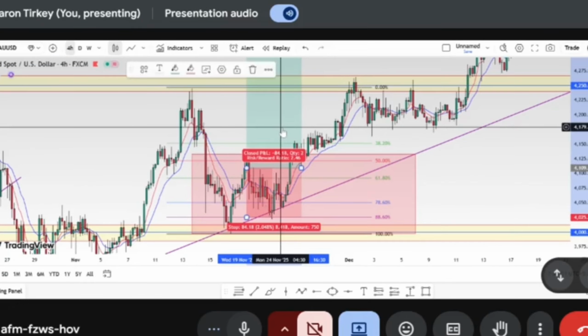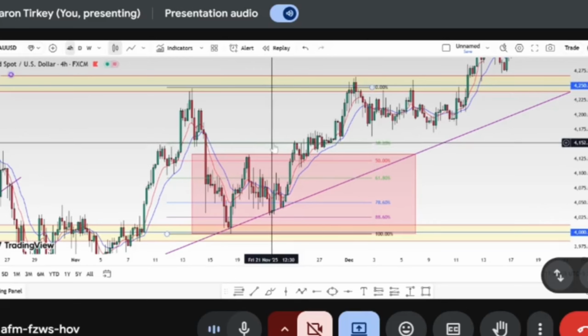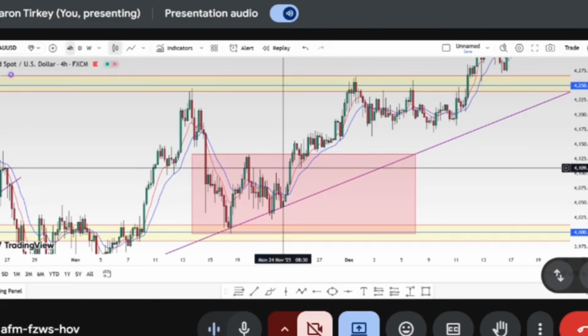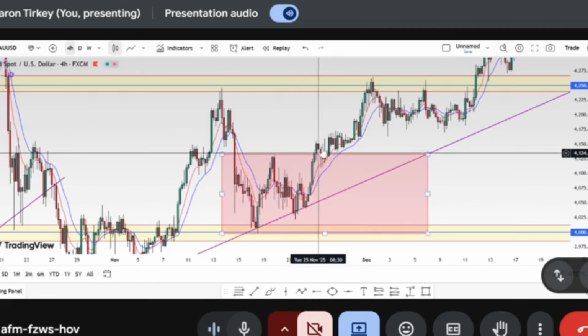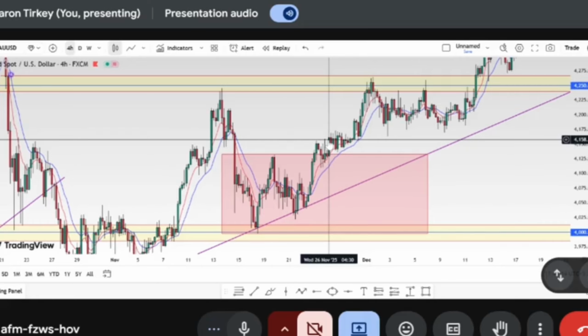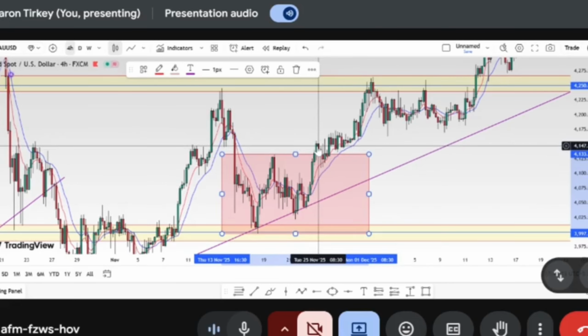Here we consider it's going sideways, and when the price breaks these levels, you just wait for the new ABCD patterns. When the price breaks these levels, then you should enter. So here the price breaks, right here.